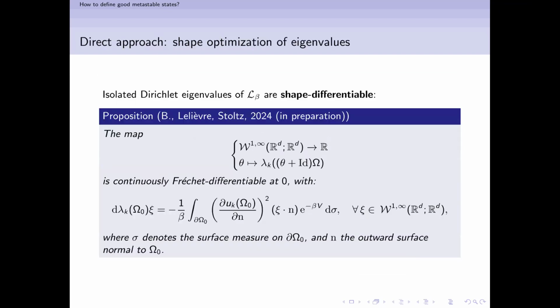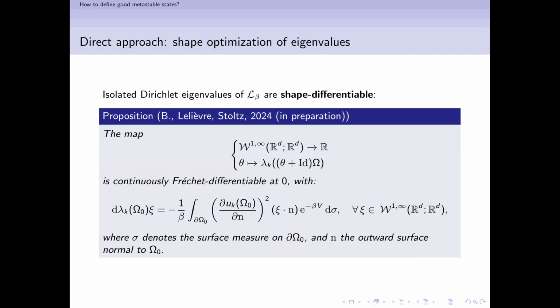We have this parameter, which is the domain omega, which is optimized with respect to the domain. So that's a question of shape optimization of eigenvalues. What we can show, as we're going to see, is the following.